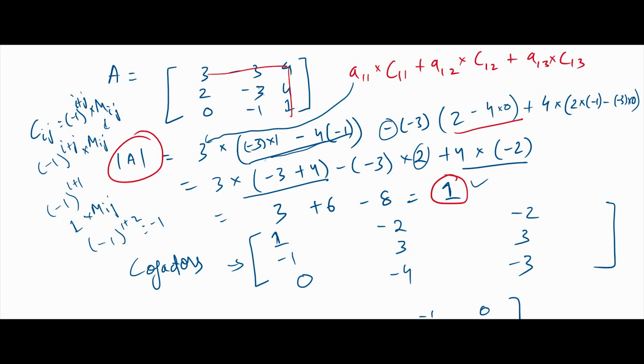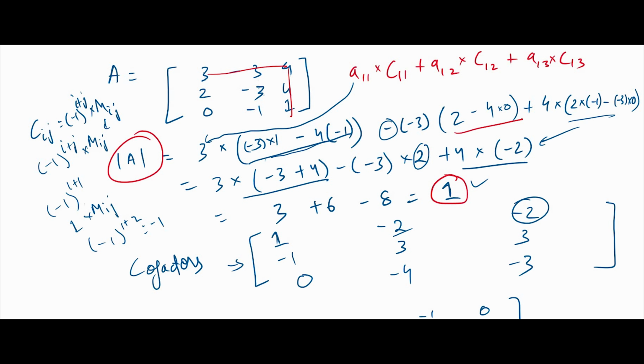Because the minor is 2 here, and then I multiply this with minus 1 to the power 1 plus 2, that is minus 1, right? So minus 1 into 2 is minus 2. The third one is also minus 2, which you got from here, okay?